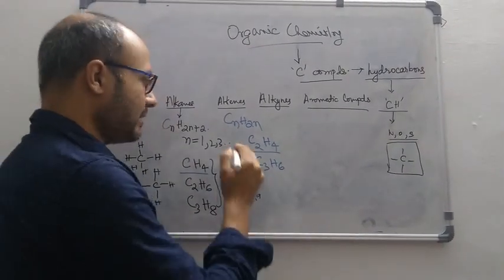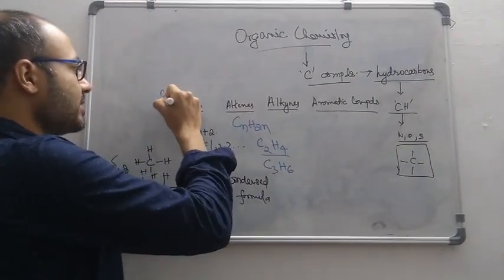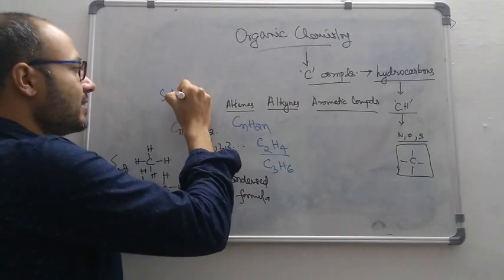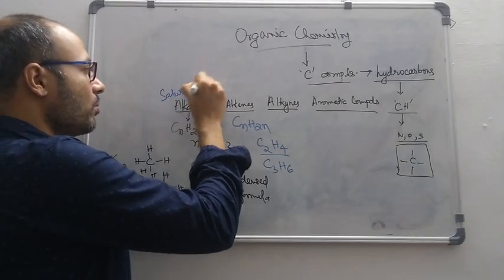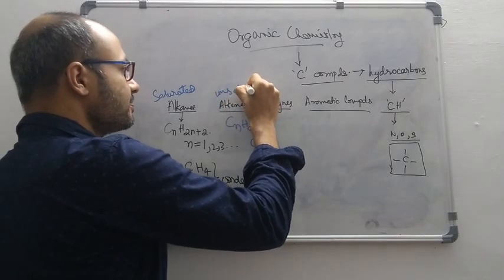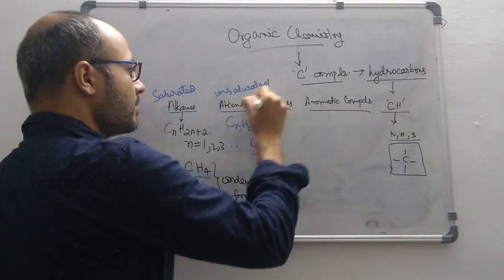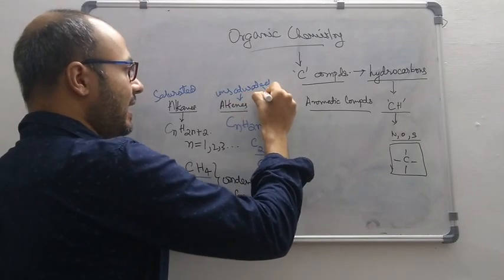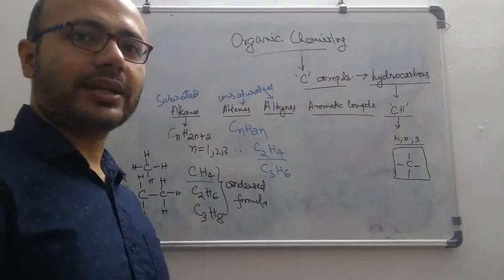Now how do you write them? Alkanes are saturated. However, alkenes are unsaturated. Both alkenes and alkynes are unsaturated molecules.